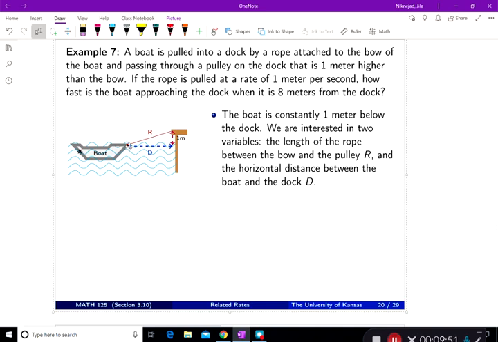From the bow of the boat to the pier, that's d, and if you drop a perpendicular over here, the distance from the top to the base of that perpendicular has to be 1 meter long.